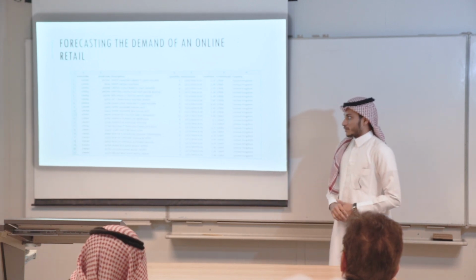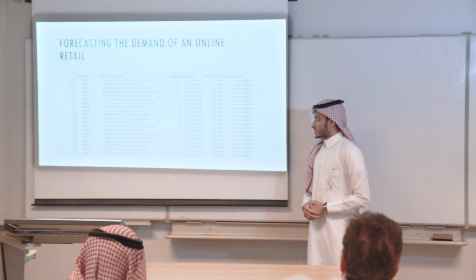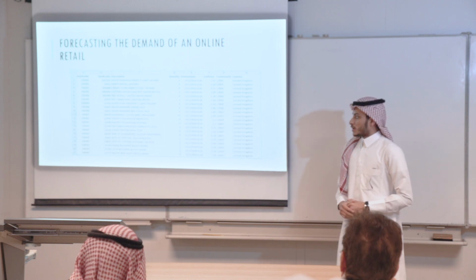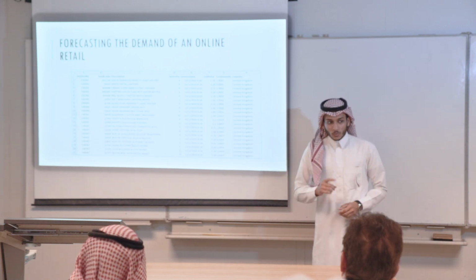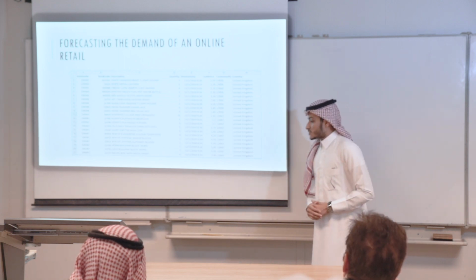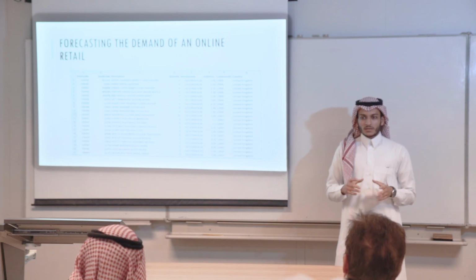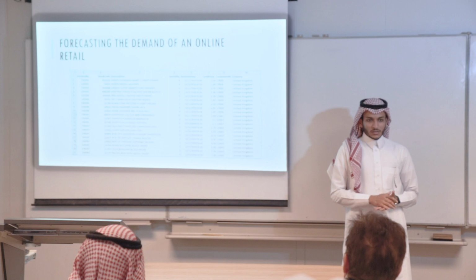It contains nearly 900,000 records, and it represents the demand for maybe 2,000 products. We decided to choose only one product, the product with the highest demand, for two reasons. The first reason is that the more data points we have, the more accurate the result will be. Also, we expect each product to have its own behavior, so we want to base our analysis on only one type of behavior.